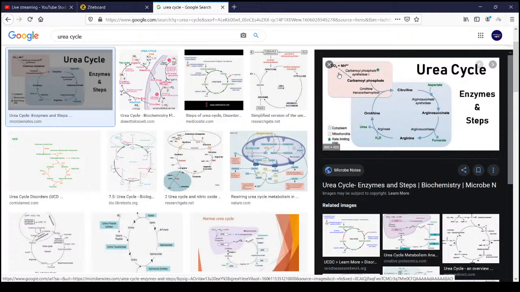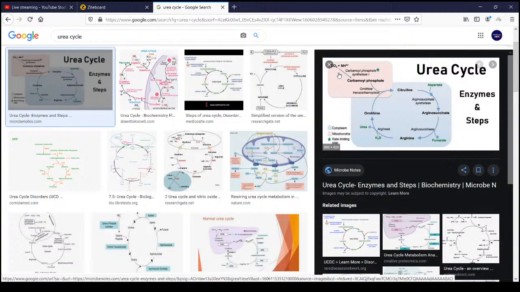It is broken down into AMP plus pyrophosphate, and then carbamoyl phosphate synthetase 1 produces carbamoyl phosphate. Ammonium ion and CO2 are both added, which means both are removed.